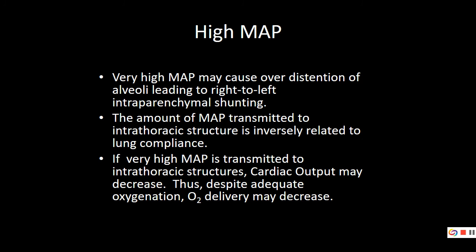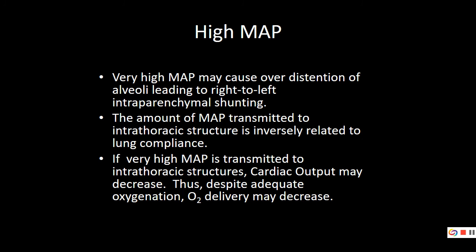So what's the problem with high mean airway pressure? High mean airway pressure can cause overdistension of the alveoli, leading to right to left interparenchymal shunting. You can also have mean airway pressure that gets transmitted to the intrathoracic structures, and that's inversely related to lung compliance. So if you have a baby with respiratory distress syndrome, they have low lung compliance, and you turn the mean airway pressure up, that mean airway pressure gets transmitted where?